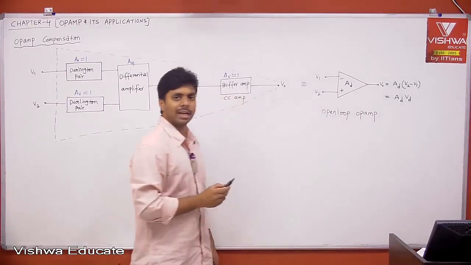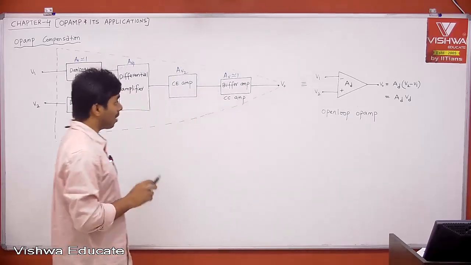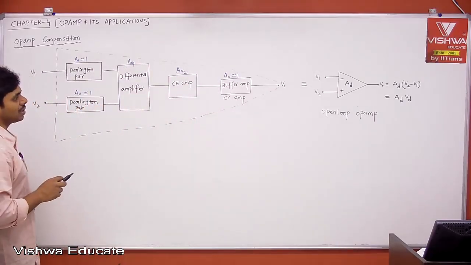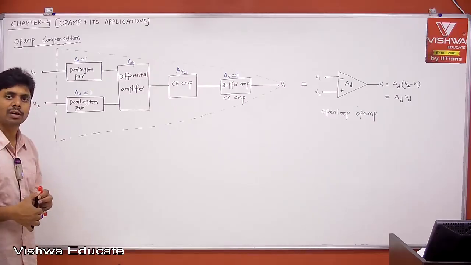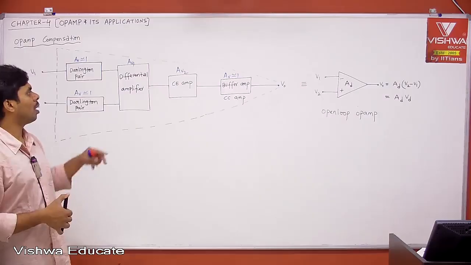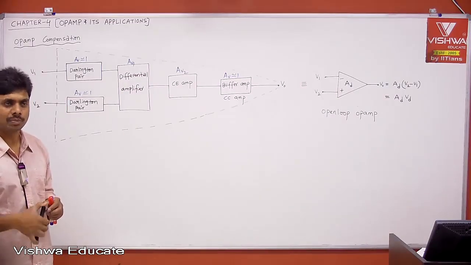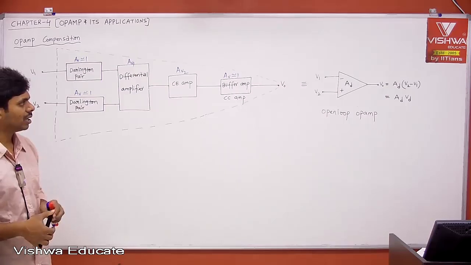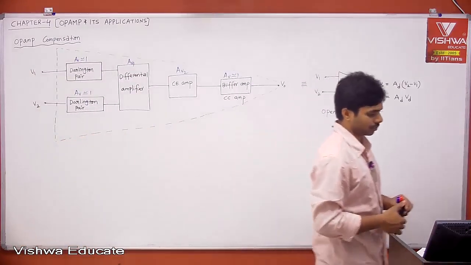But if you take a control system, then maybe you take this once again and then represent like that. Then I'll explain something called stability of a closed loop system. Then I'll come back to op-amp. Then let's see what to do to improve the stability of your system when it is configured into a closed loop system. That part I'll explain. First of all, take it. Then we will see the closed loop system stability.